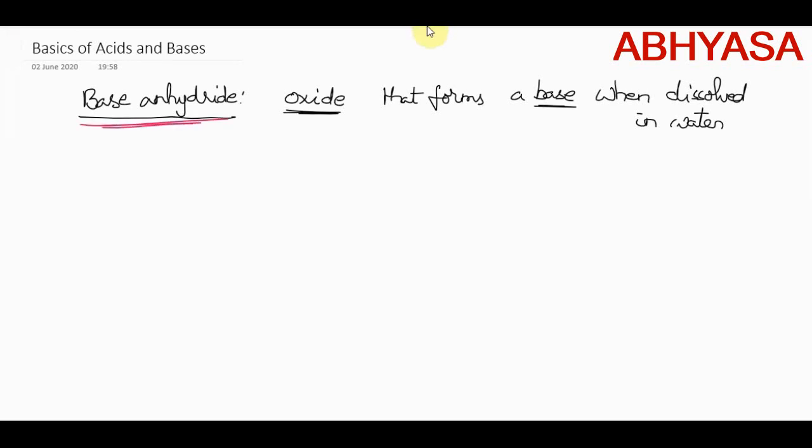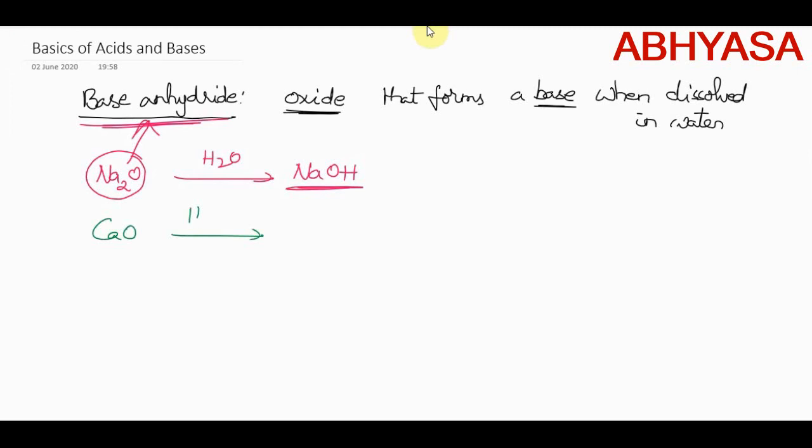Can you recollect some examples? Yes. If you take the case of sodium oxide, whenever dissolved in water, we get sodium hydroxide, isn't it? So this sodium oxide becomes the anhydride of sodium hydroxide. If you take for example calcium oxide, whenever dissolved in water, we get calcium hydroxide.